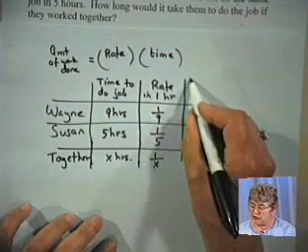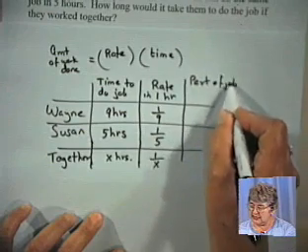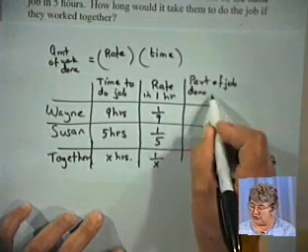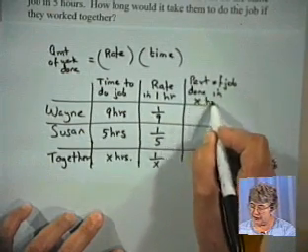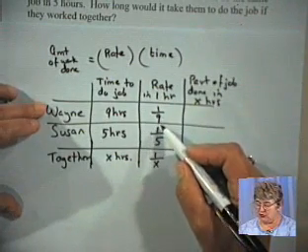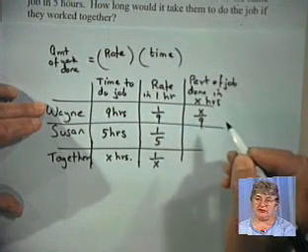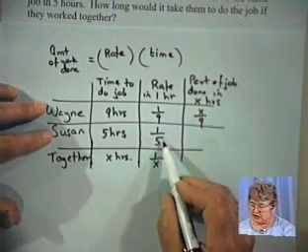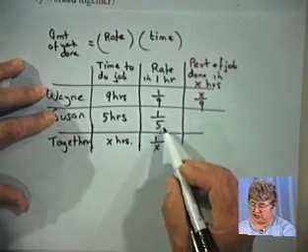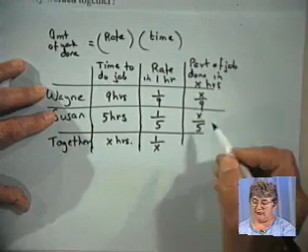In the third column, we're going to say part of the job done in X hours. Wayne does 1/9 of the job in 1 hour, so in X hours, he will do X over 9. Susan does 1/5 of the job in 1 hour. So in X hours, she will do X over 5.